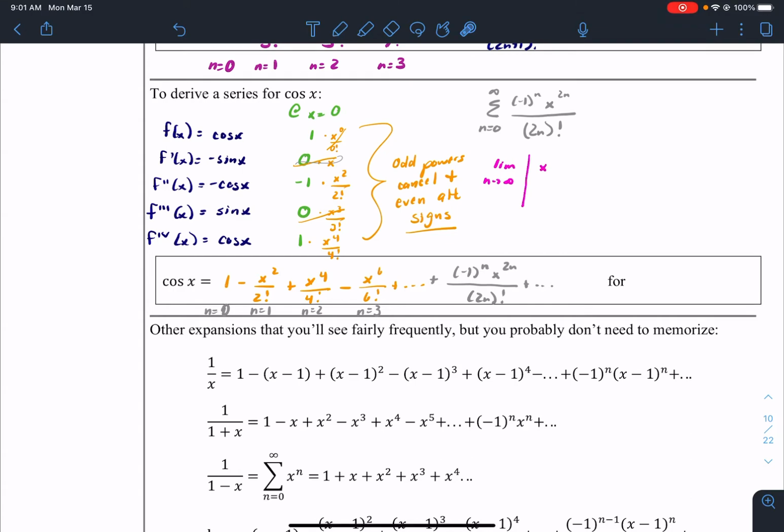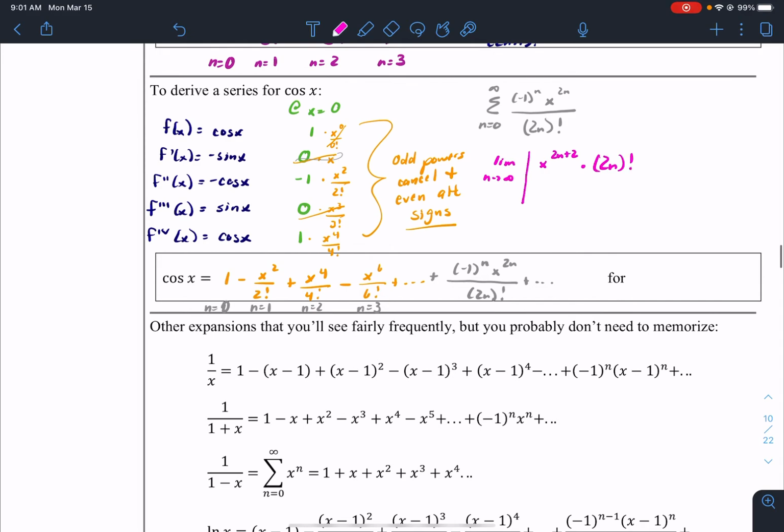Remember, if I plug in an n plus 1 here, that would distribute, so we would end up with 2n plus 2. You've got to be careful with that. You've got 2n plus 2 here, and then you're going to have 2n factorial. And on the bottom, you're going to have x to the 2n and then 2n plus 2 factorial.